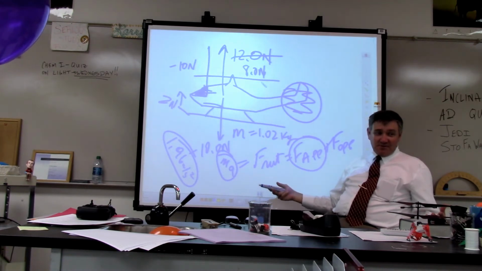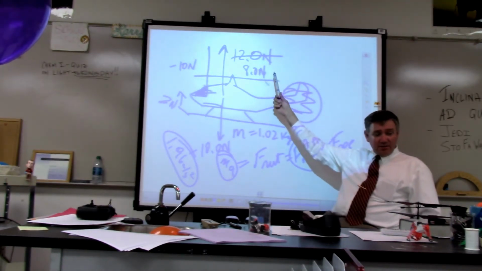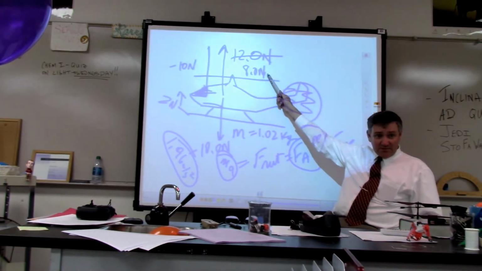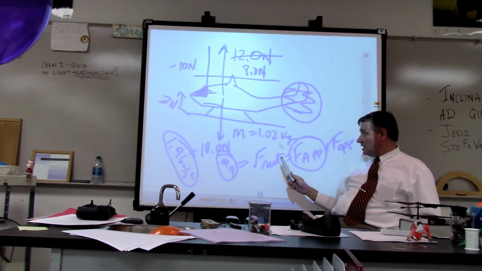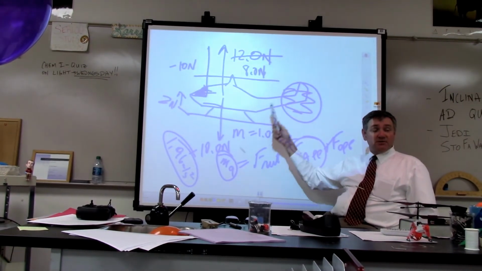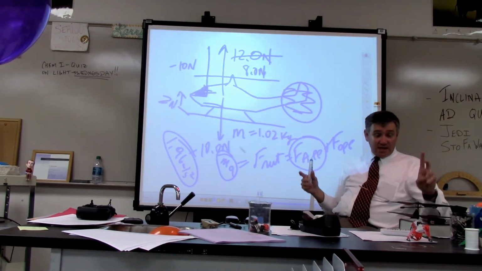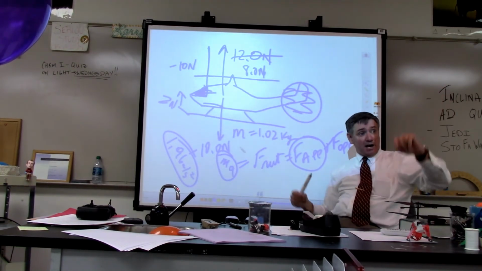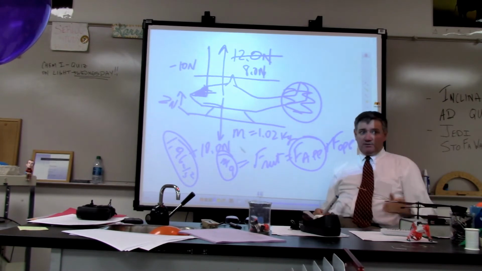So if I've got an upward force of 8 newtons, I still have the same opposing force of 10 newtons. The difference between those two is going to be negative 2 newtons. I'm going to take negative 2 newtons and divide it by the mass, and I'm going to end up with the same acceleration, but now it's going to be negative.